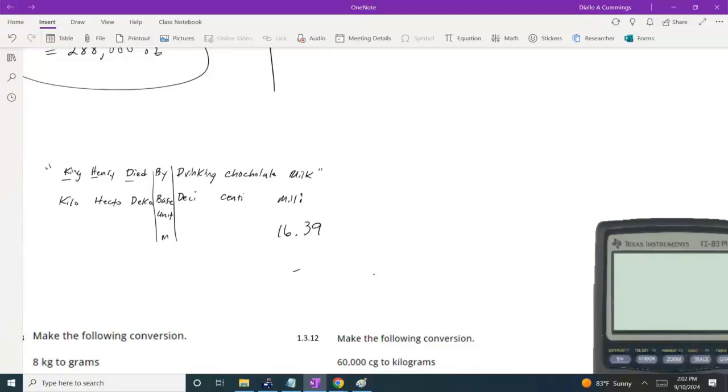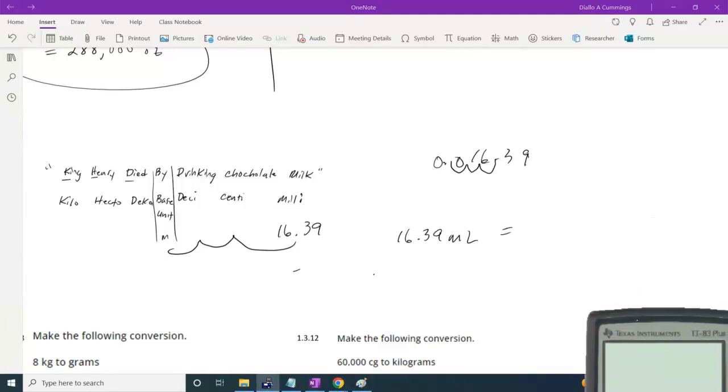To express milliliters as liters, I have to move the decimal 1, 2, 3 places to the right. So in 16.39, if I move the decimal 3 places, 16.39 milliliters is equal to 0.01639 liters.